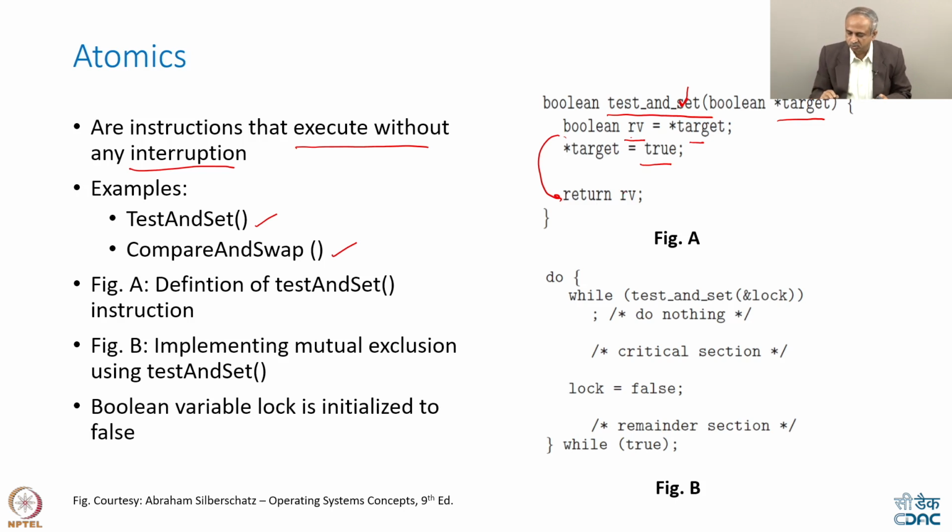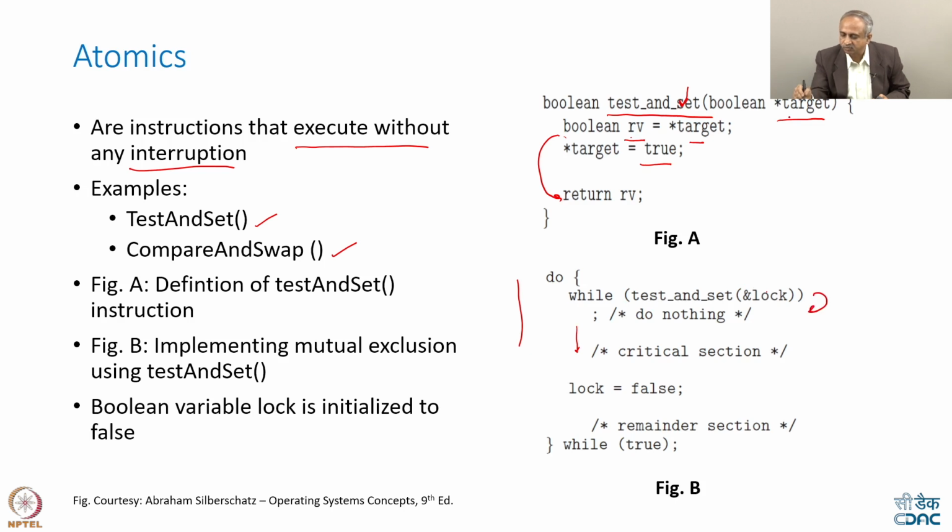Now how do we use it? Let us look at this second piece of code which implements mutual exclusion using test and set. The first thing that we do is we have a variable called lock which we pass to test and set, and while you call this function and it returns true, you will wait here. If it returns false, you will proceed.